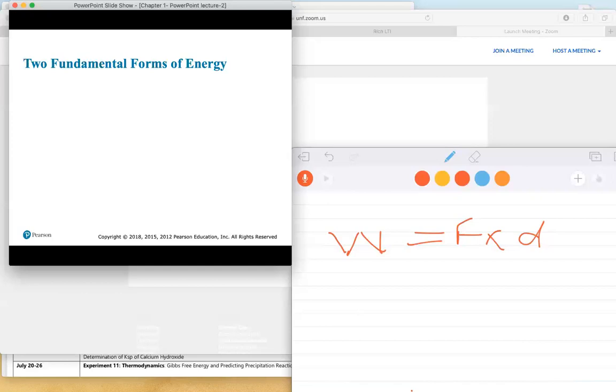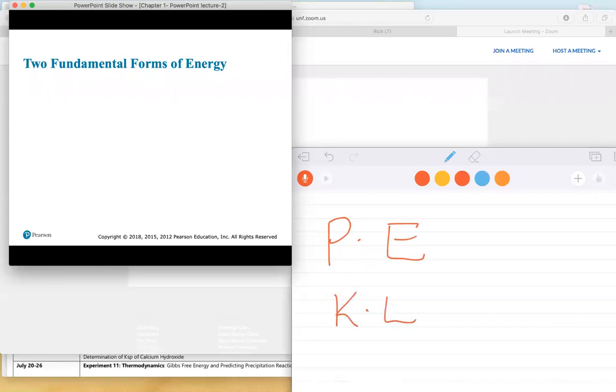All right. Now, looking at the fundamental forms of energy, there are about six types of energy, but as far as this course is concerned, there are two forms you will see in chemistry, and these are the potential energy, sometimes abbreviated as PE, and kinetic energy, abbreviated as KE.